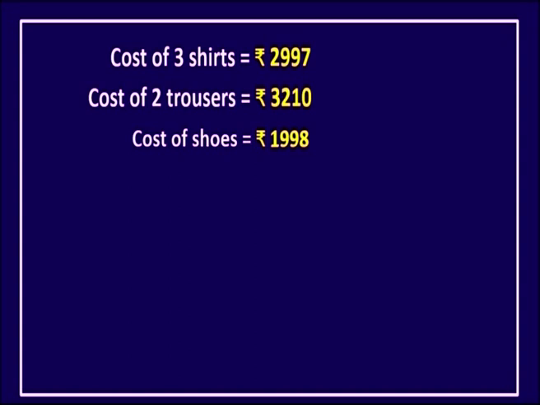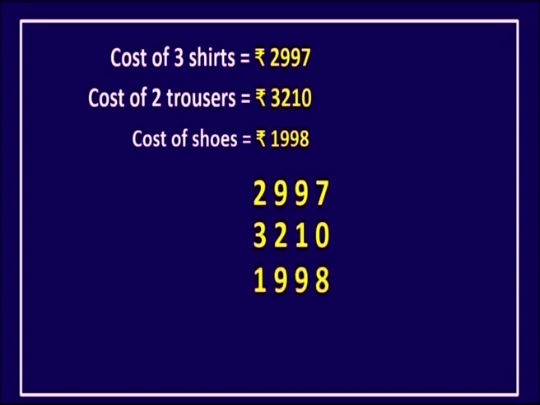Now, the total cost is given by adding all these 3 numbers, that is 2,997 rupees plus 3,210 rupees plus 1,998 rupees.